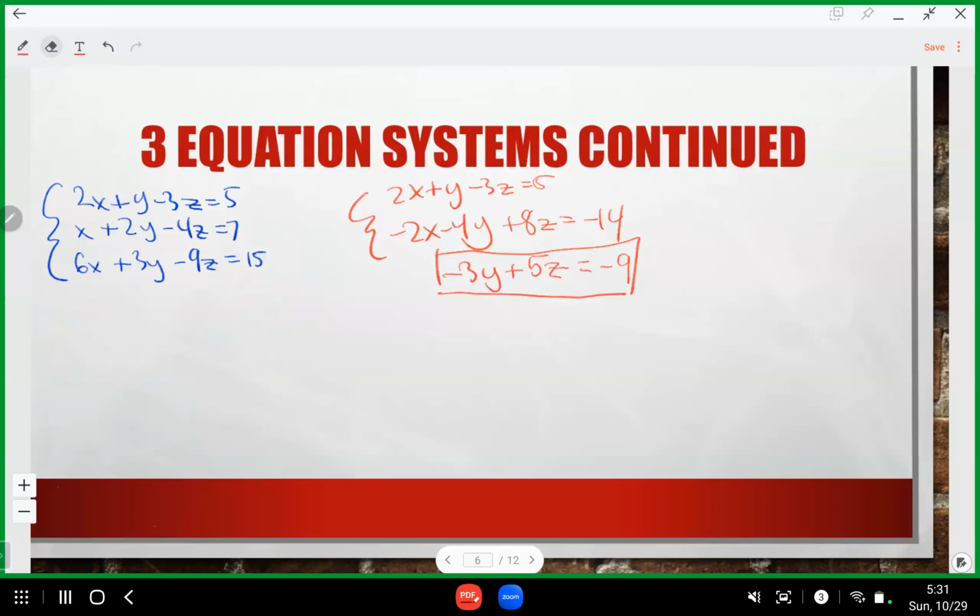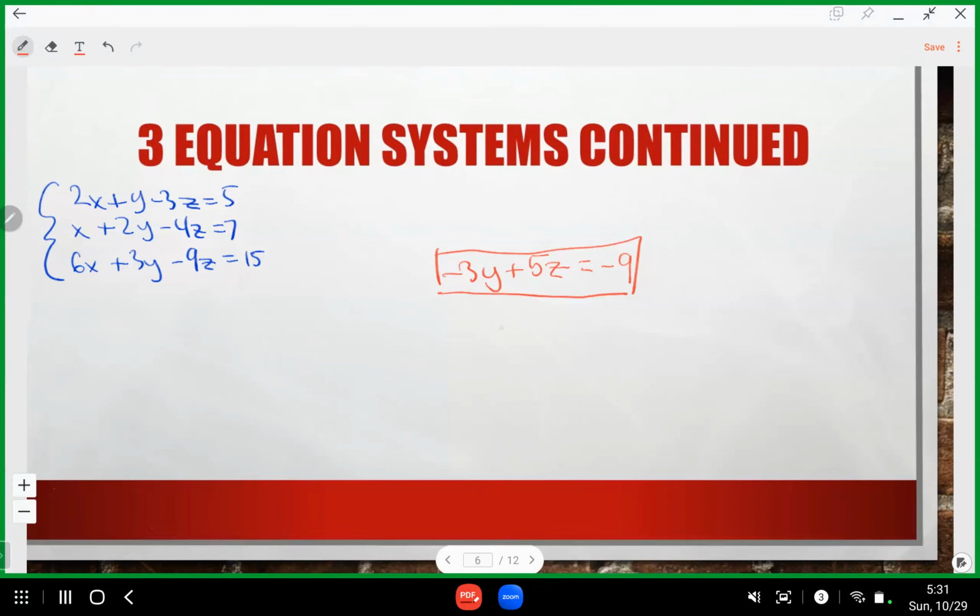I think we figured out that this one is going to be infinite solutions. So what we get is -3y plus 5z is equal to -9. Let's say we base this off of z. So 5z is going to be equal to -9 minus 3y. Z is going to be equal to (-9 minus 3y) over 5.